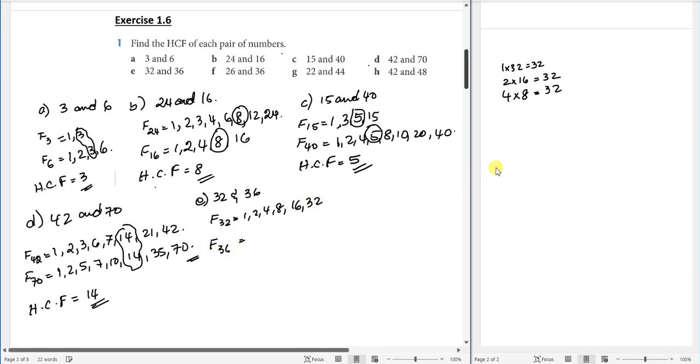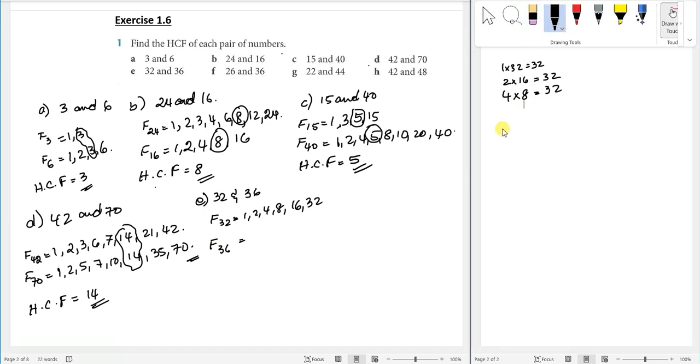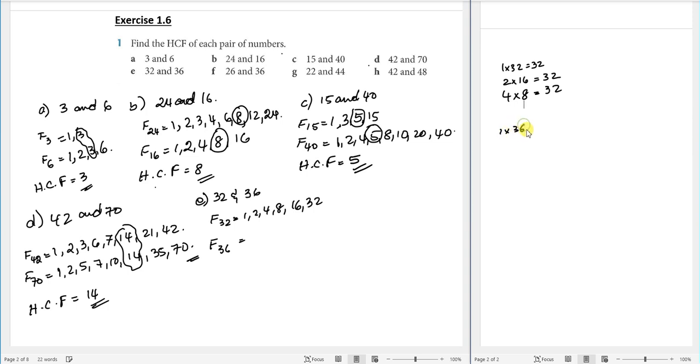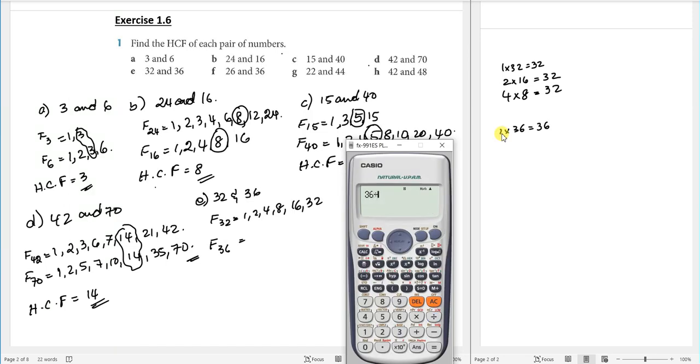F36. 1 times 36 is equal to 36. 2 times 18 is equal to 36. 3 times 12 is equal to 36. 4 times 9 is equal to 36.